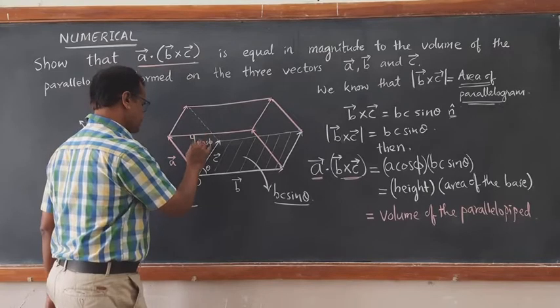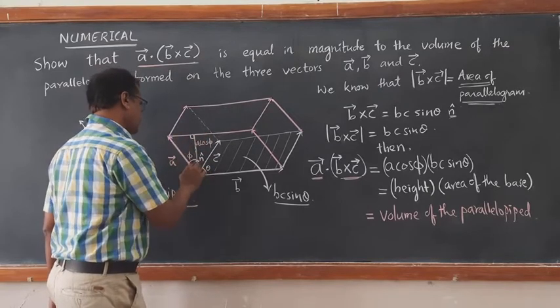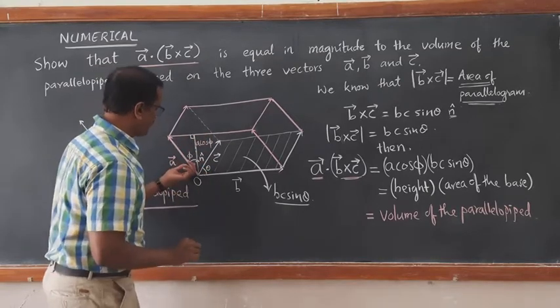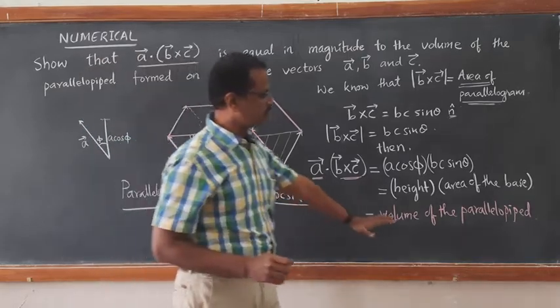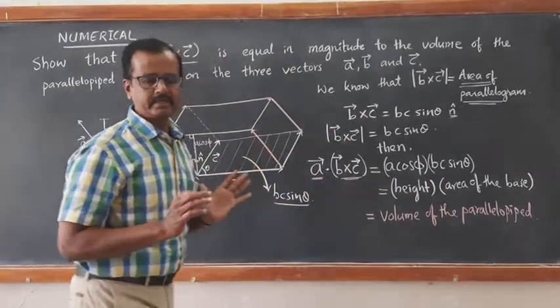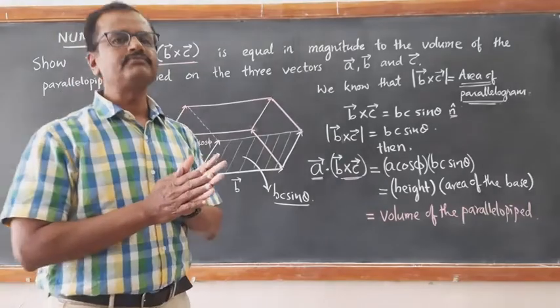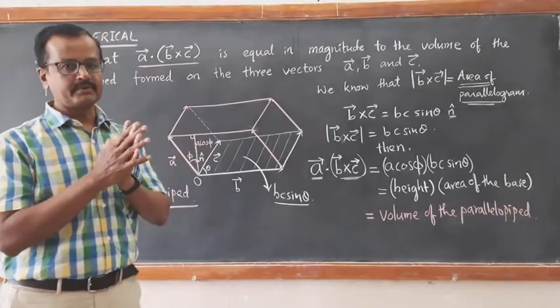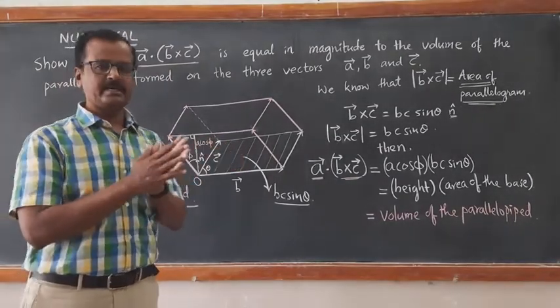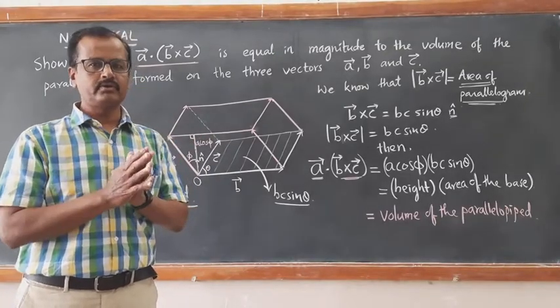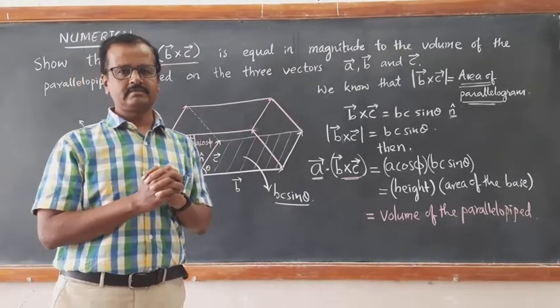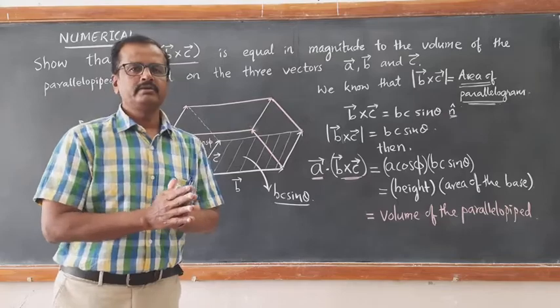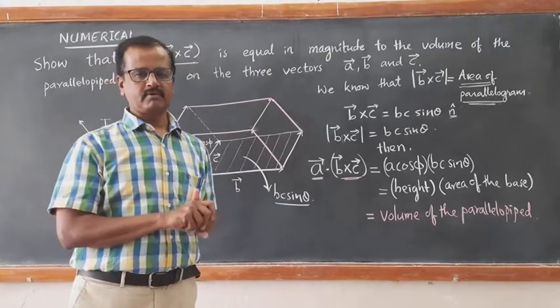So this B cross C multiplied by A cos phi gives us the volume of the parallelepiped. So this is the geometrical meaning of the triple product of vectors, vector triple product. More of such things you will learn in 12th class vectors. A separate topic is there where you are going to solve a number of such problems.